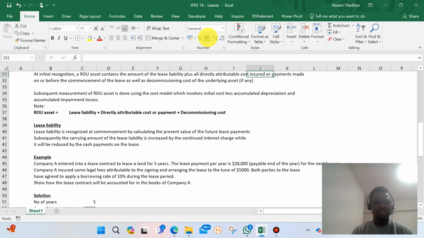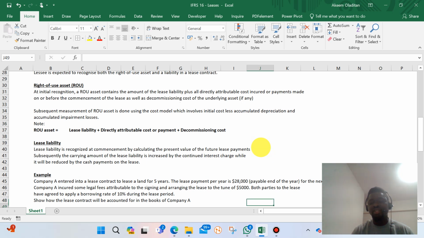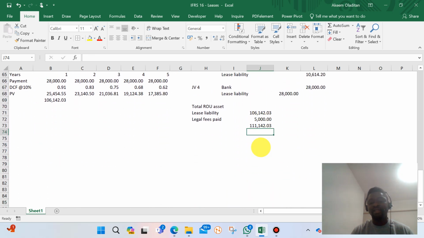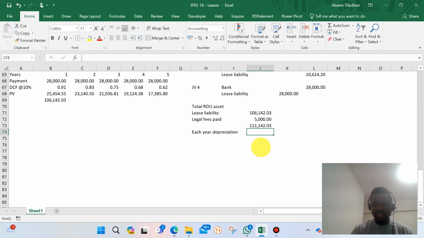I said subsequent measurement of right of use asset is done using the cost model, which involves initial cost less accumulated depreciation and accumulated impairment. In this case, there are no accumulated impairment losses, but there is depreciation. So we'll need to depreciate it over the tenure of the lease. Each year depreciation will be that 111 divided by 5 years.